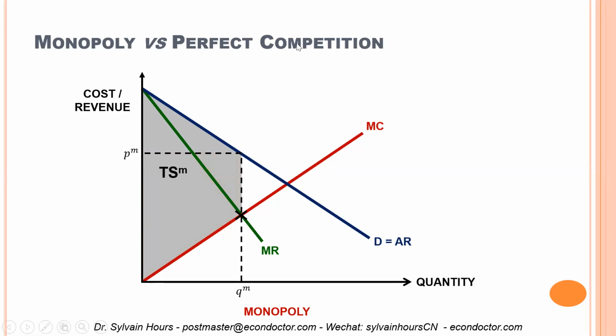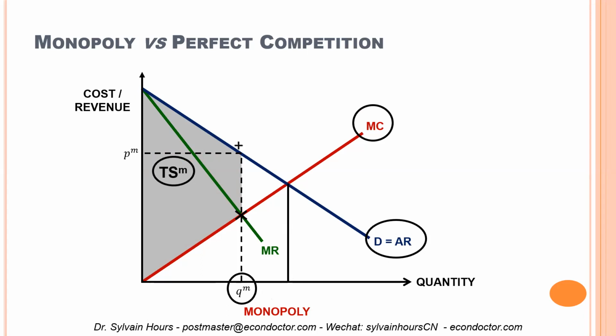Yes, absolutely. The quantity at which we have allocative efficiency would be right here, when the marginal cost of production is equal to the marginal benefit of consumption. Therefore, the monopolist produces QM, but this is not the allocatively efficient quantity of output, which means that total surplus is not maximized. We could do better than that.